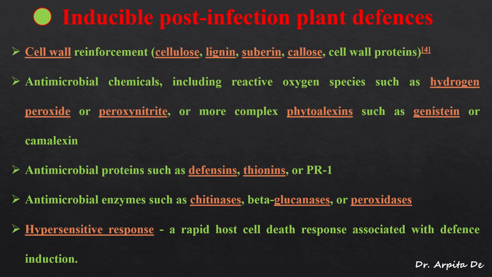Now we'll see inducible post-infection plant defenses. So far we have talked about what is there before infection. Now we'll talk about post-infection plant defenses, the plant defenses that can be observed after the infection occurs.